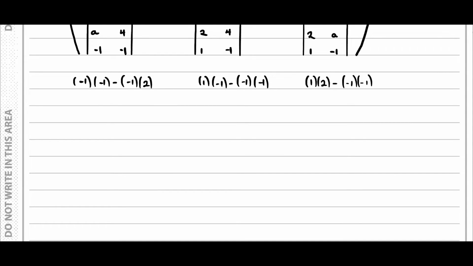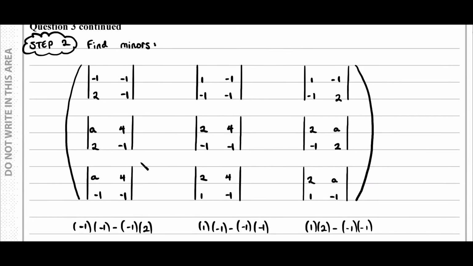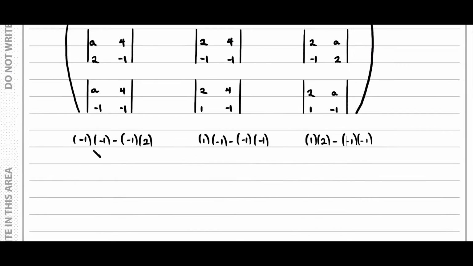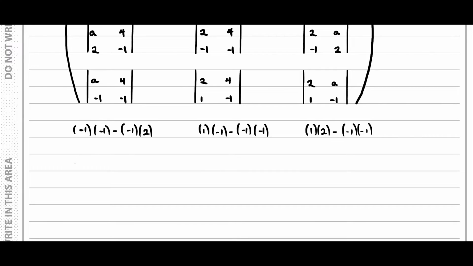Next, we have A times by minus 1 minus 4 times by minus 1. And then we have 2 times by minus 1 minus 4 times by minus 1.